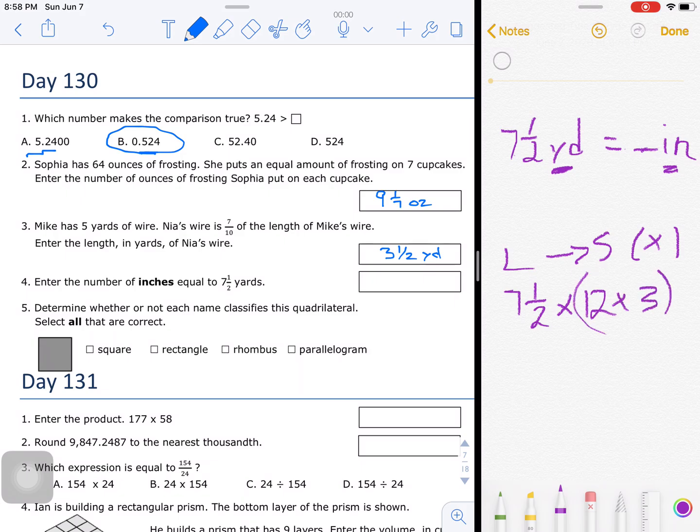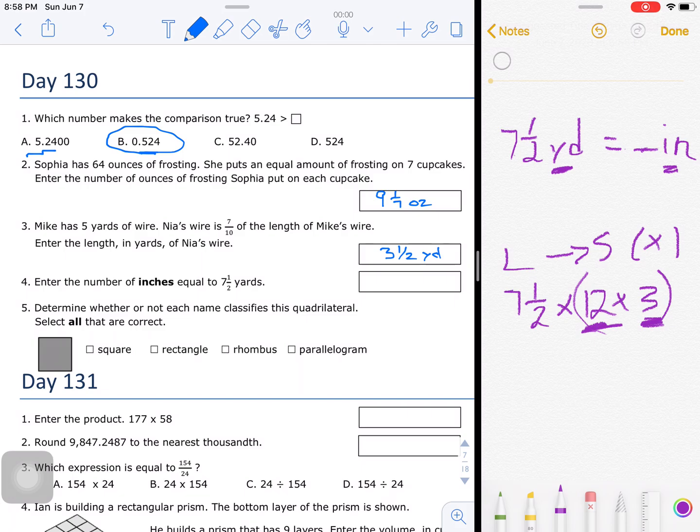So what I did is I did two conversions there. We know that there are 3 feet in a yard, and then there are 12 inches in a foot. So that's where this one's a little bit trickier.